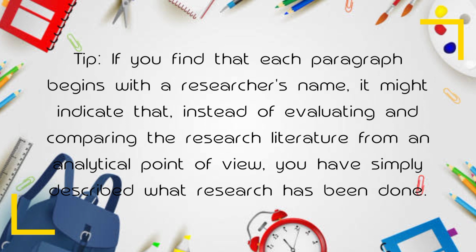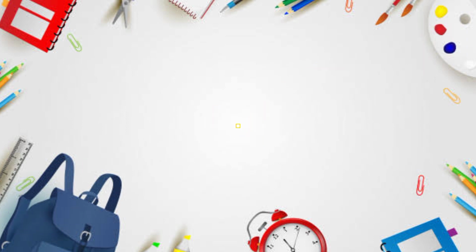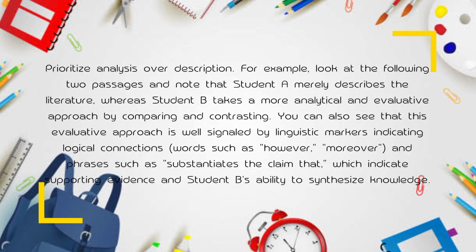Tip: If you find that each paragraph begins with a researcher's name, it might indicate that, instead of evaluating and comparing the research literature from an analytical point of view, you have simply described what research has been done. Prioritize analysis over description.